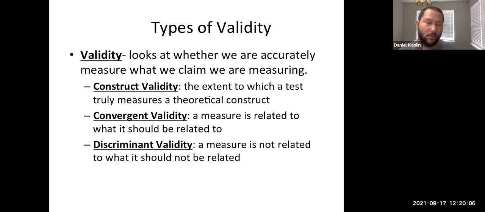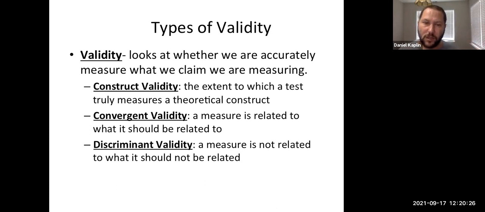If my measure of happiness is related to another measure of happiness, then we could say that we have convergent validity.